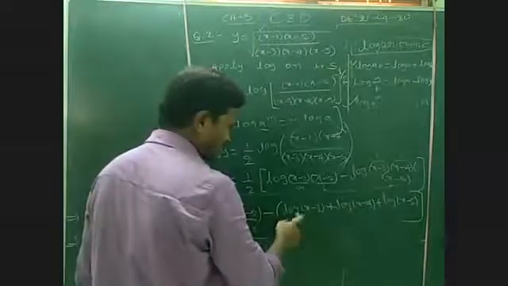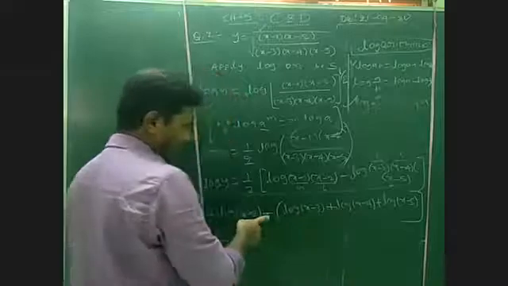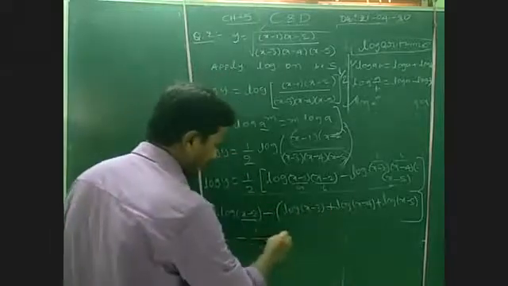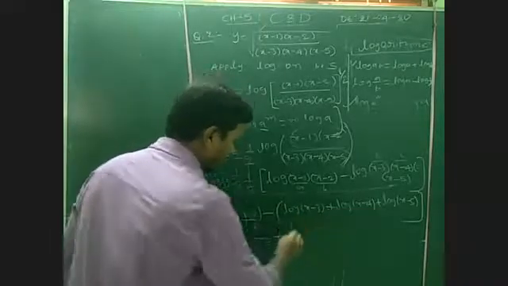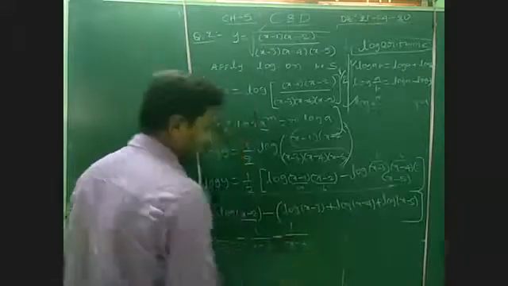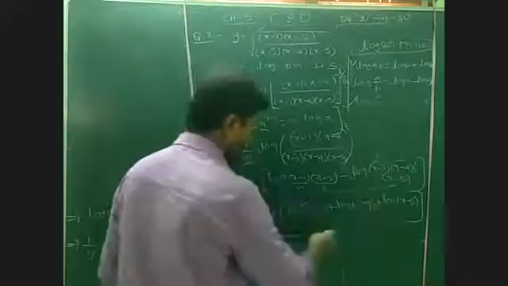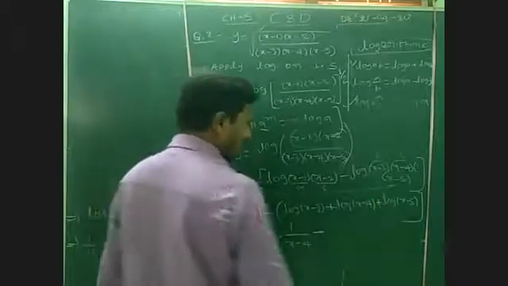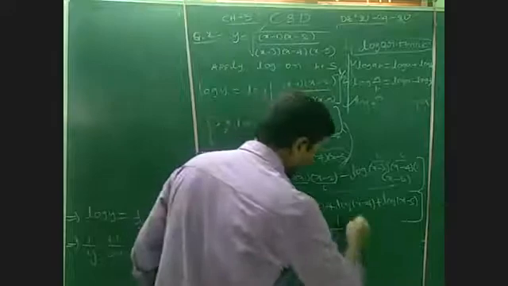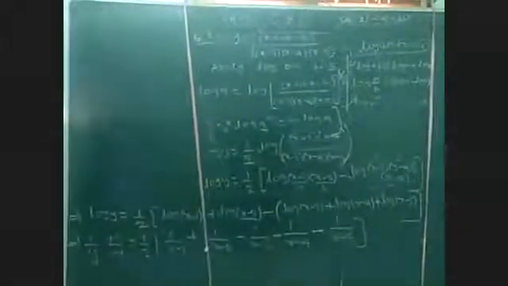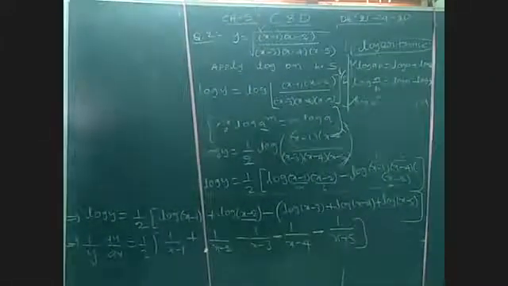Okay, then I multiply it. Minus into plus, minus log x minus 4 is 1 by x minus 4. Sorry, minus into plus again minus 1 by x minus 5. Right, this is the answer.